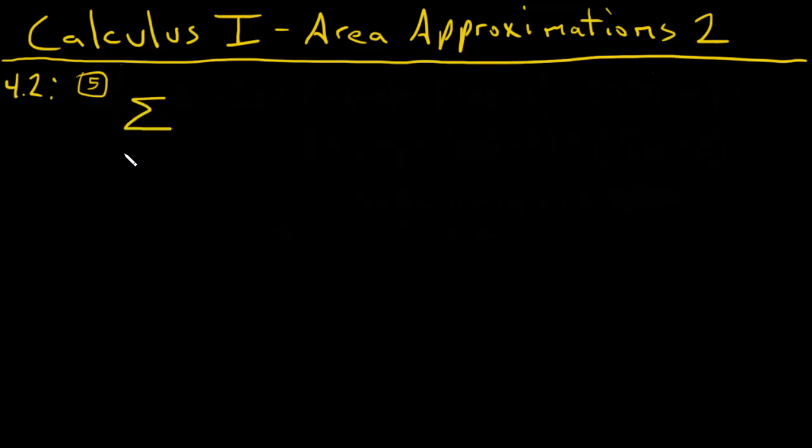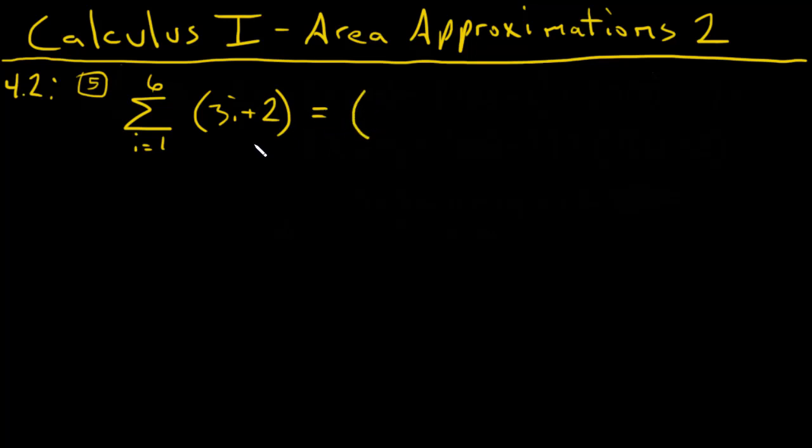We had the summation i from 1 to 6 of 3i plus 2. Now you don't need this in parentheses, it's just being extremely thorough, so no big deal. But let's see, what would that be?